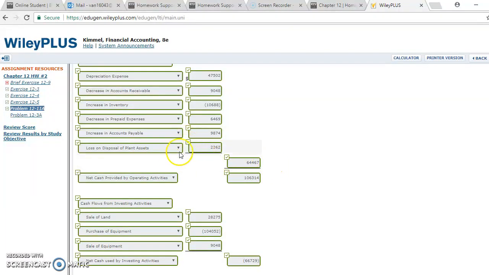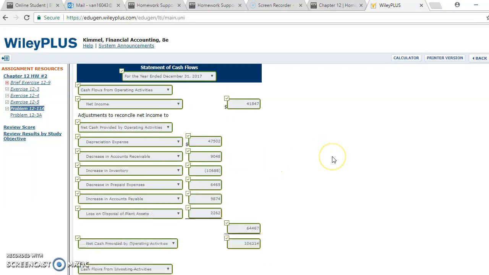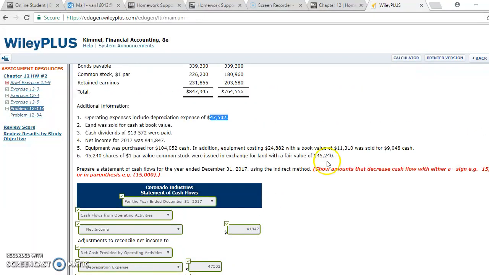Where we need to get the information to find this value is up here. Equipment was purchased for $104,052. In addition, equipment costing $24,882 with a book value of $11,310 was sold for $9,048.